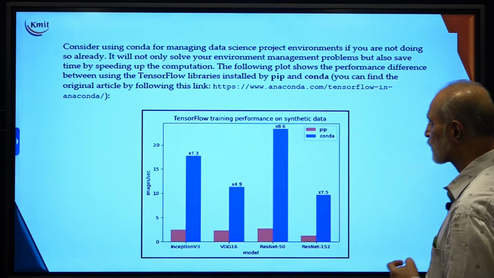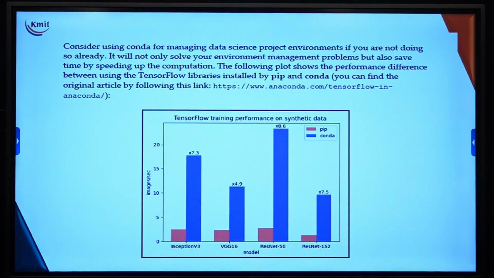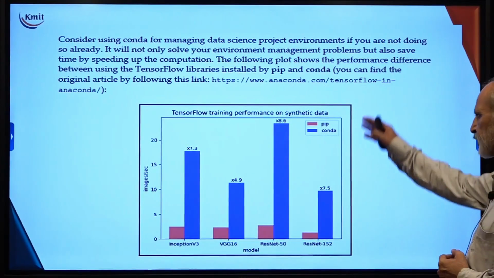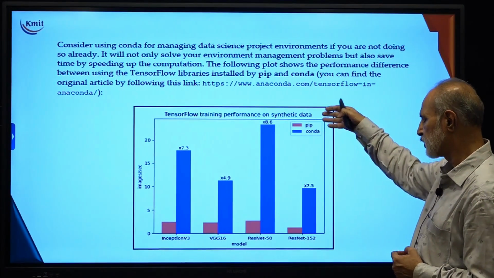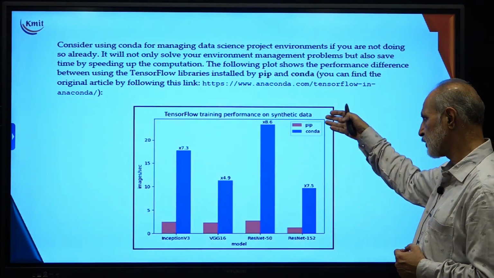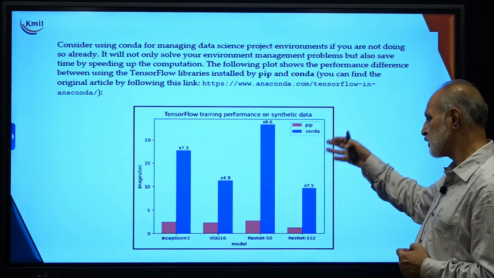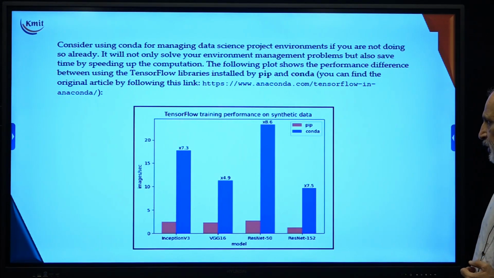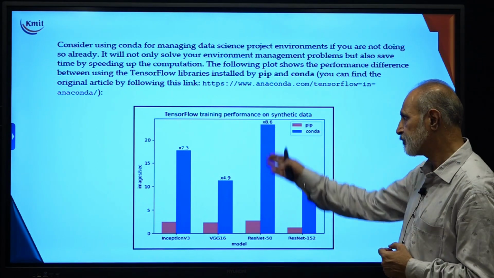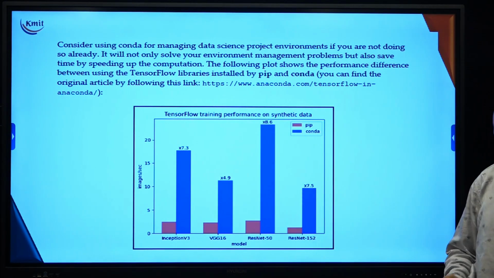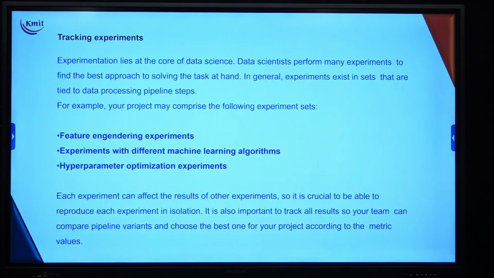You can see that pip and conda are the two very important commands for installing software on Anaconda. Either you can use pip or conda, and you can see that conda usage has been increasing for a very long time, and TensorFlow training performance is very good on Anaconda.